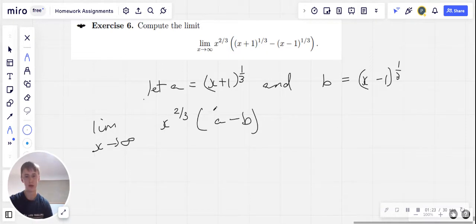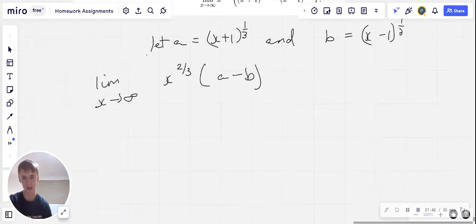The reason this is a problem is that as x tends to infinity, each term will tend to infinity, so we've got an infinity times an infinity minus an infinity, which is a problem. So we are going to try and rectify that.